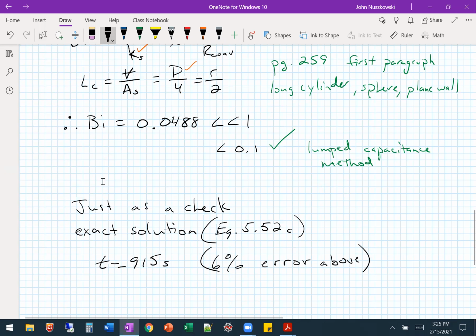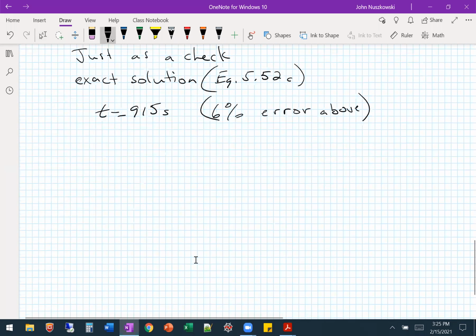Okay. So if we then do another problem, let us do 5.26. Before being injected into a furnace, pulverized coal is preheated by passing it through a cylindrical tube whose surface is maintained at 1000 degrees Celsius.